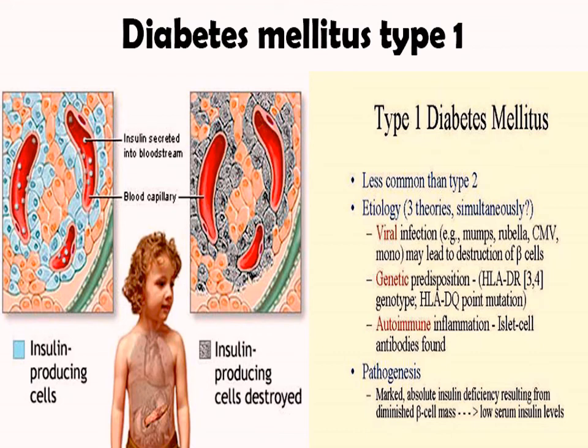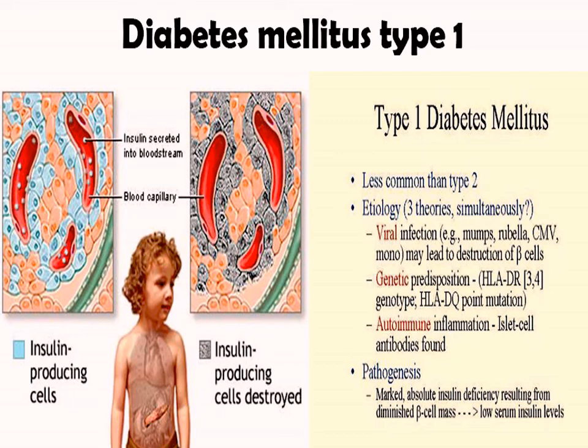This slide shows type 1 diabetes mellitus, where normally beta cells, the insulin-producing cells, produce insulin and secrete it into the bloodstream. In type 1 diabetes mellitus, these cells are destroyed, so no insulin is secreted from them.